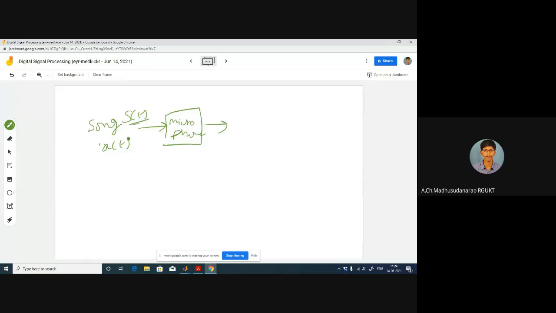This is my actual song, but my recorded signal is s(t) plus n(t), song plus noise. Microphone followed by analog to digital converter. As I am recording this noisy song, the output of the analog to digital converter is also noisy, along with the noise.